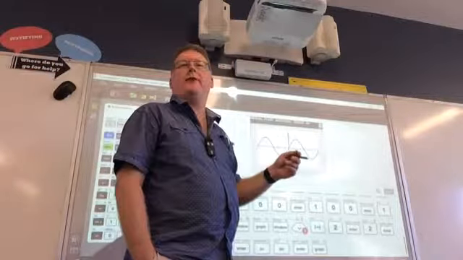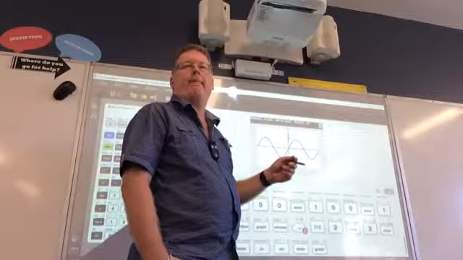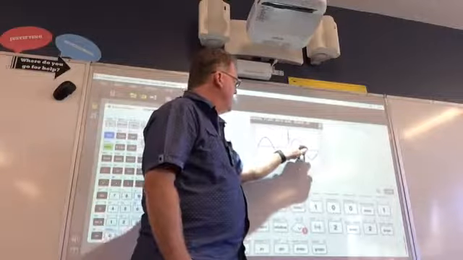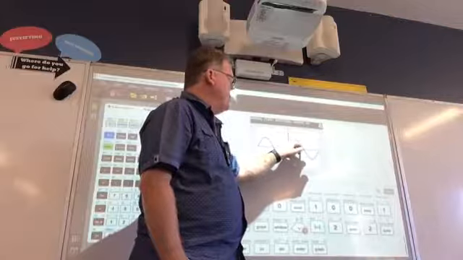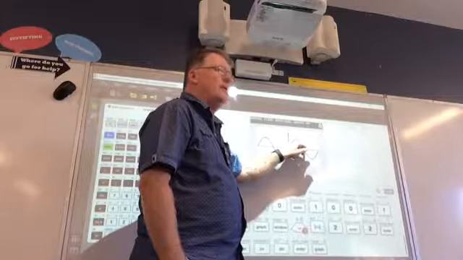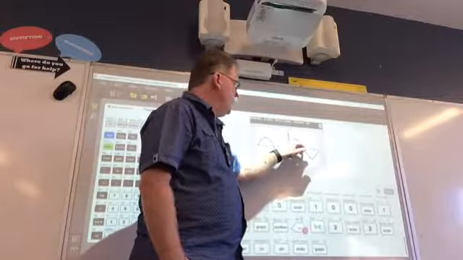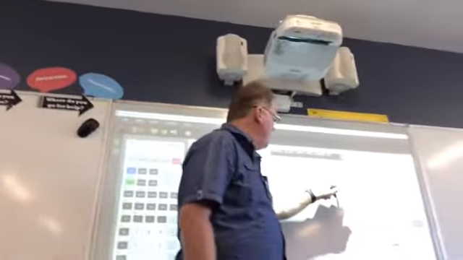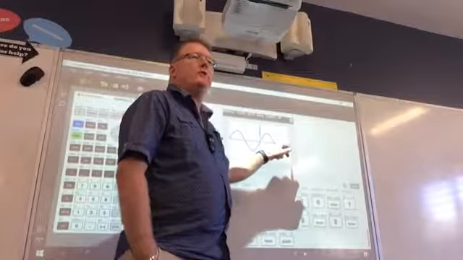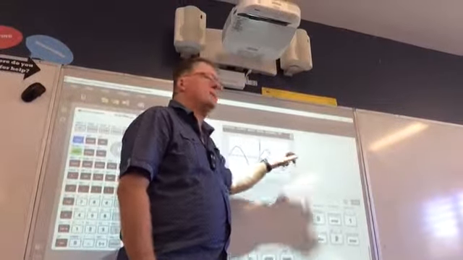What's the sine of 180? 0. That's that point there. Right? 45, 90, 135, 180. Right? 0. What's the sine of 270? Negative 1. Alright? So point there. What's the sine of 360? 0. Back to the start.